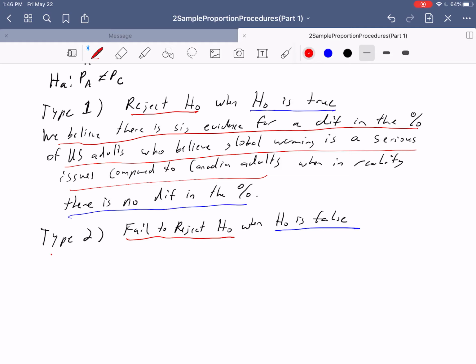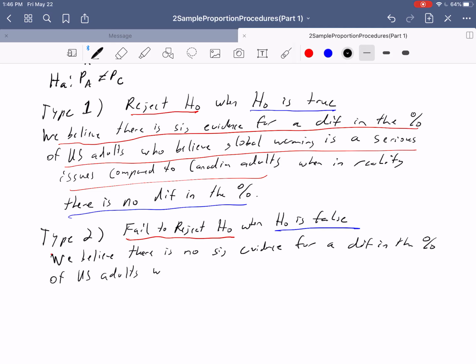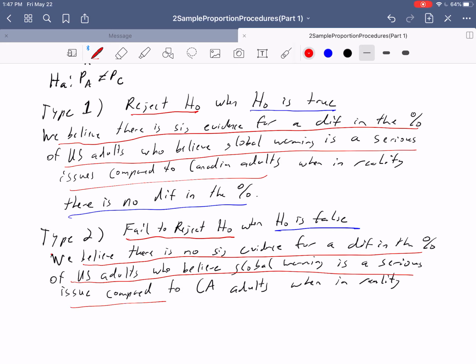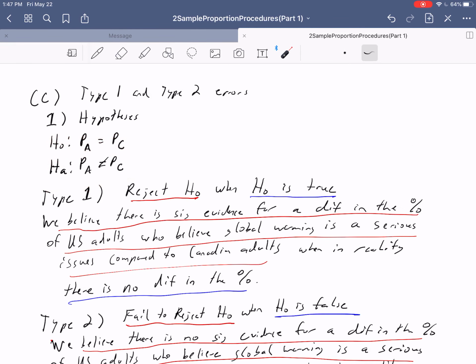So this is where we would say we believe there is no significant evidence for a difference in the percentage of U.S. adults who believe global warming is a serious issue compared to Canadian adults, when in reality H0 is false, meaning that this is wrong and this is correct, meaning that there is a difference.